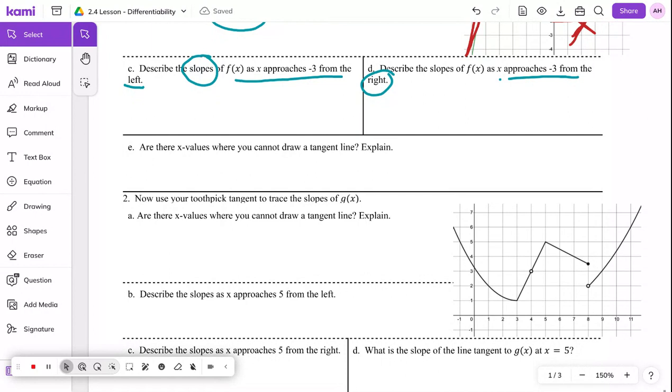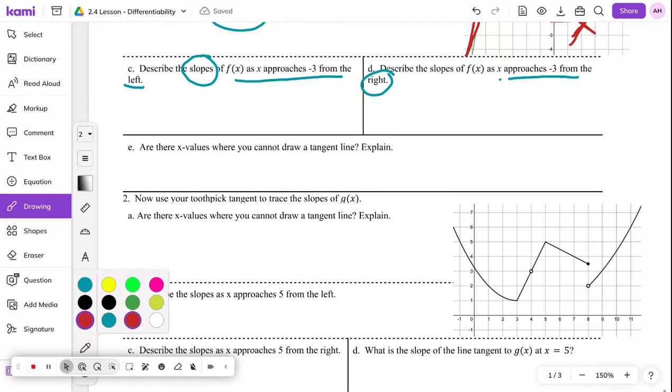You've got your toothpick tangent. You can use that toothpick to draw out tangent lines. What I think is going to be interesting here is that while we have this curve and we can draw tangent lines to this curve that all look slightly different, when I have this straight line, that slope is constant all the way through.